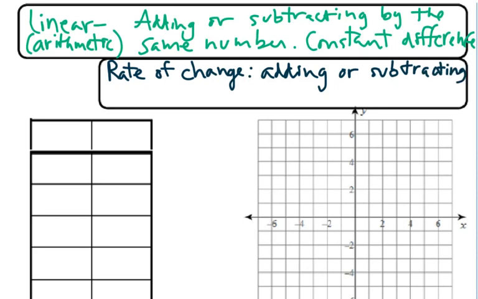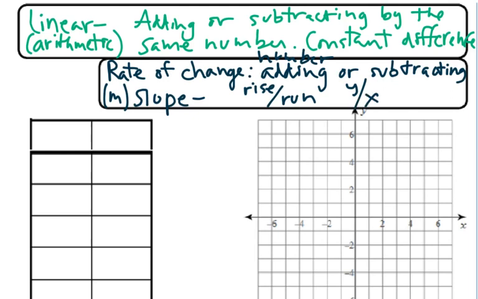I suppose I should put number here, huh? The number we're adding or subtracting, and we often call it the slope. It's often written as the letter m, and we also write it as a fraction, rise over run, the change in y over the change in x, when we're talking about slope.